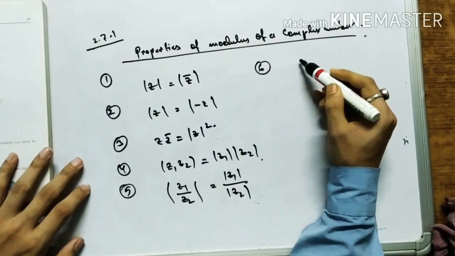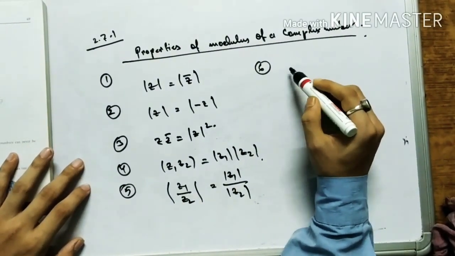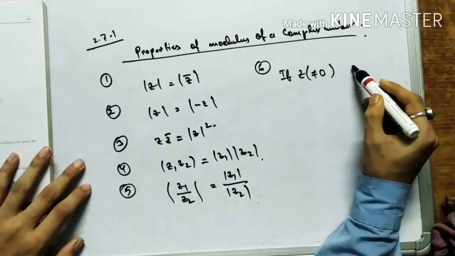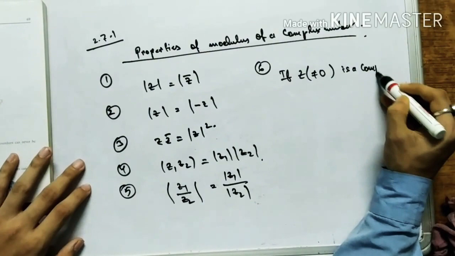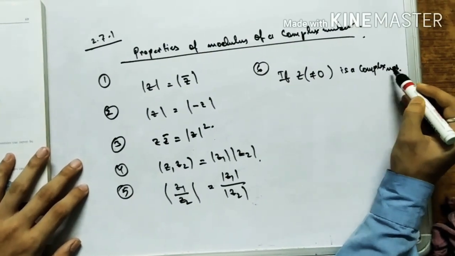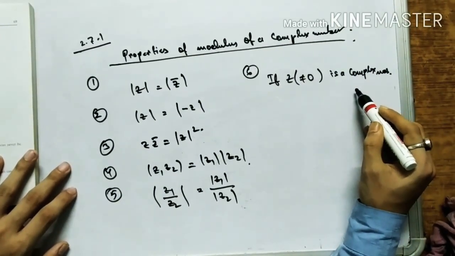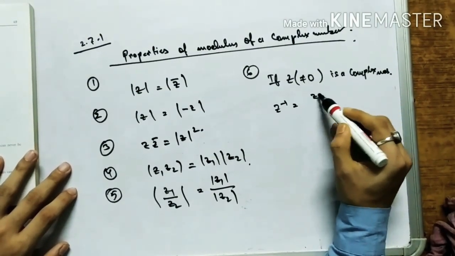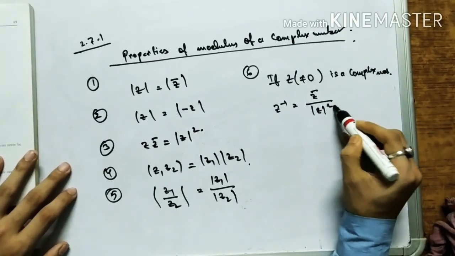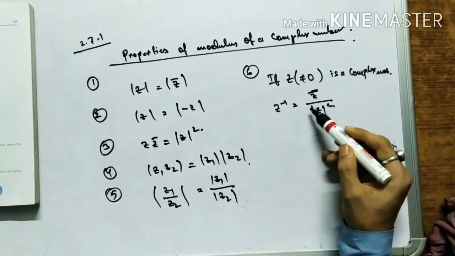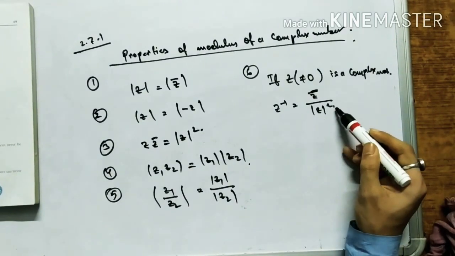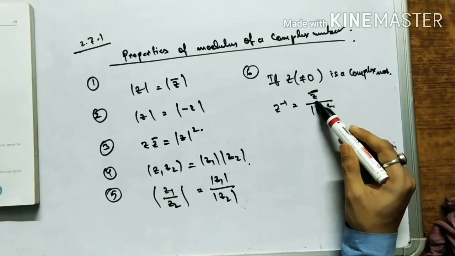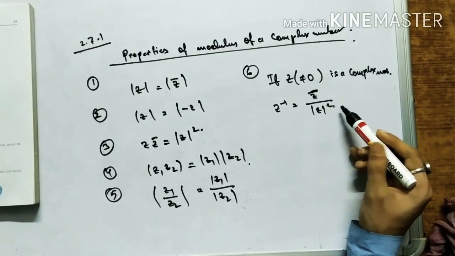Next, if z not equal to 0 is a complex number, then z inverse is equal to z bar by modulus z square.